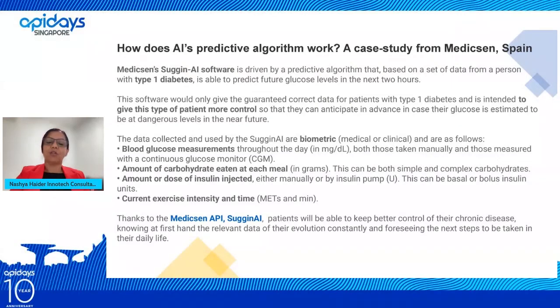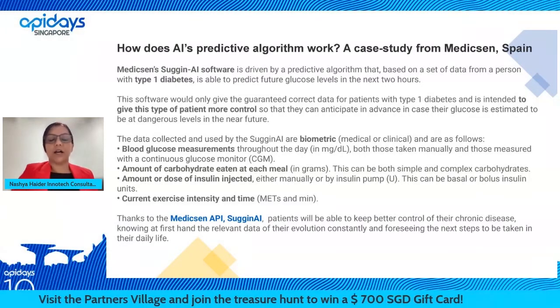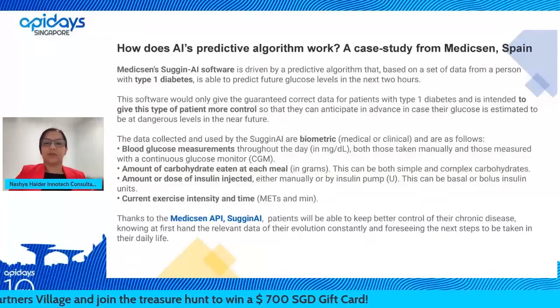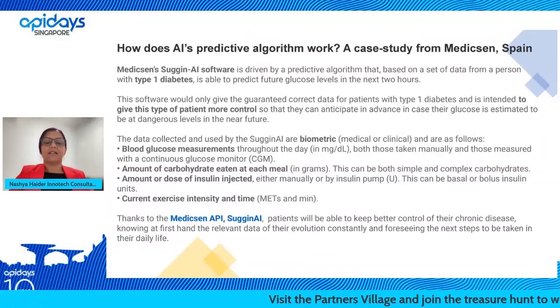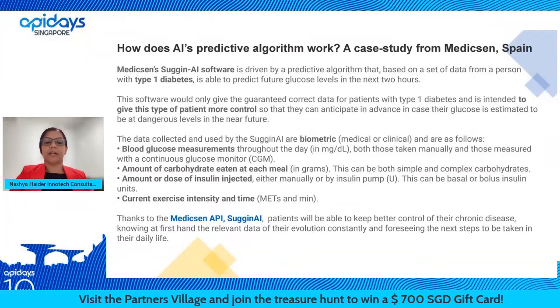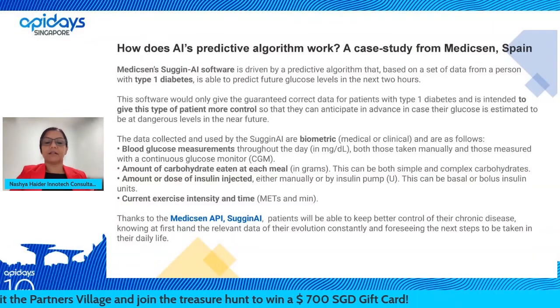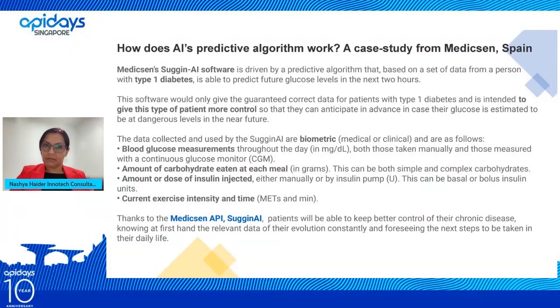And then they were also requested to input the amount of dosage of insulin they were injecting per day, either manually or by insulin pumps. And they were also requested to give some information about how much exercise they were doing every day or weekly.